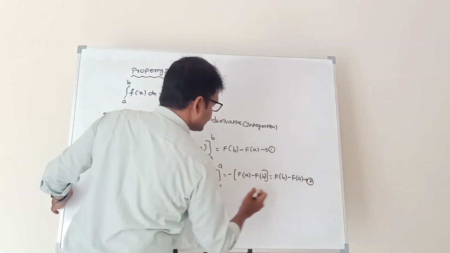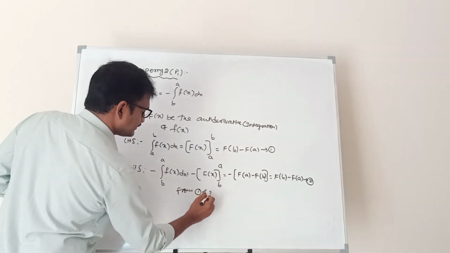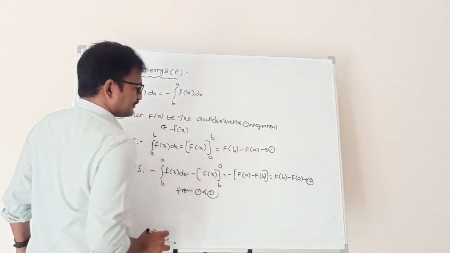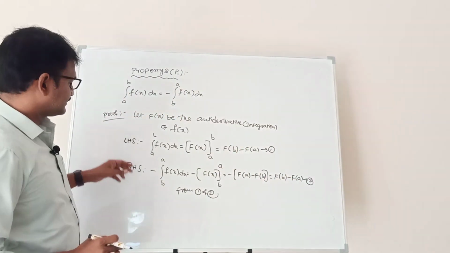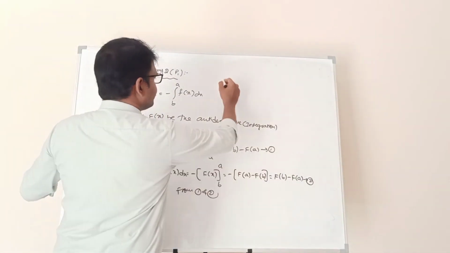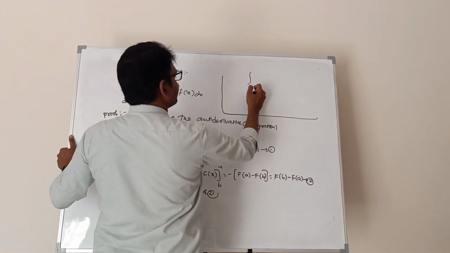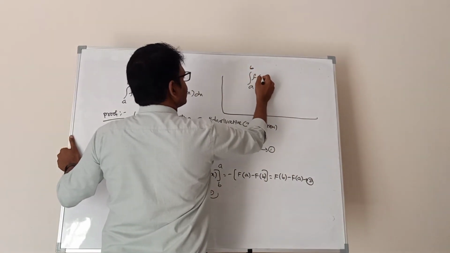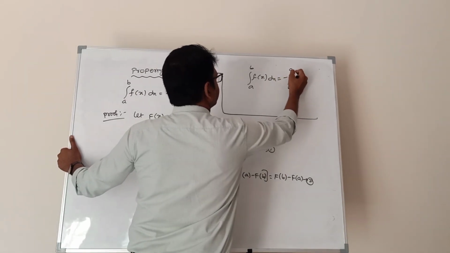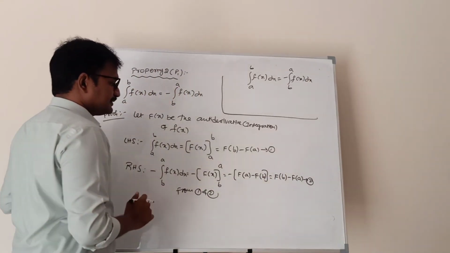This is equation number 2. From 1 and 2, observe that F of b minus F of a is there in both. That means LHS is equal to RHS. So the integration from a to b of f of x dx is equal to minus the integration from b to a of f of x dx.